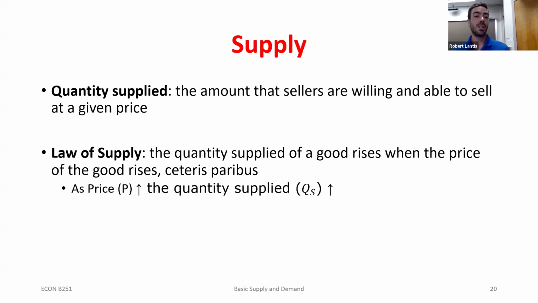What is the marginal benefit when I sell something? That would be the price. So when the price is going up, producers or suppliers who are selling a good are willing to sell more units to the market. Here, instead of an inverse relationship, we have, for the law of supply, that when the price is going up, quantity supplied is also going up.